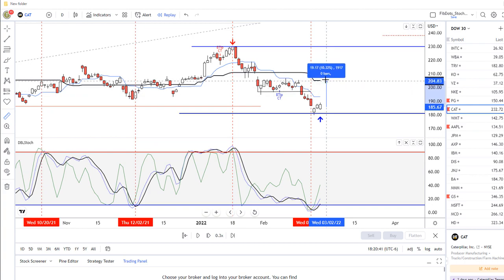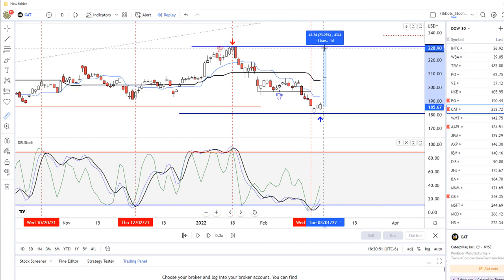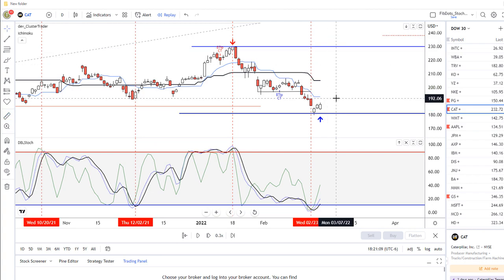A $20 profit, by the time I get to my black line, gives me 2 times my initial risk in profit. Then if we go up and touch the top of the resistance level, which would be a reasonable expectation, that would be 4 times my initial risk. So we can also use our support and resistance levels for entry signals as well as profit targets.